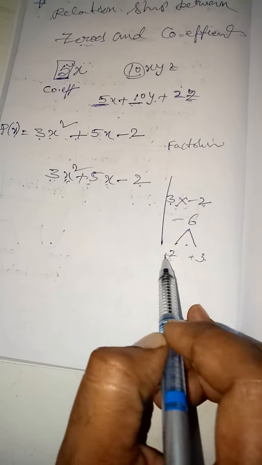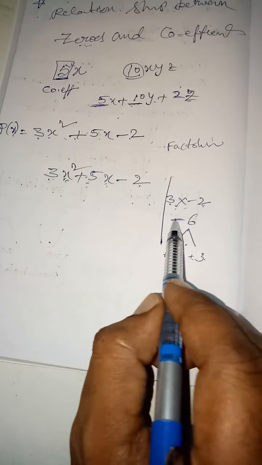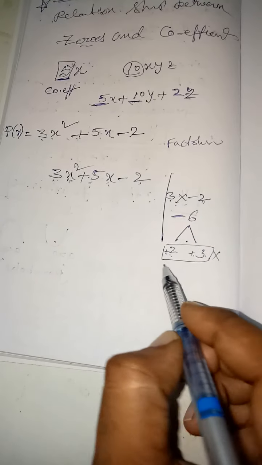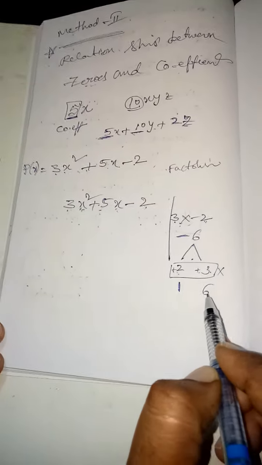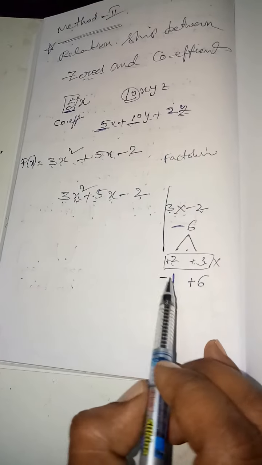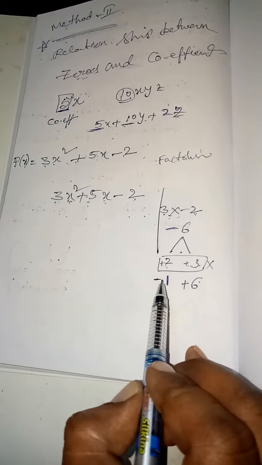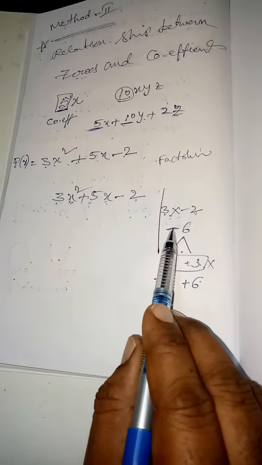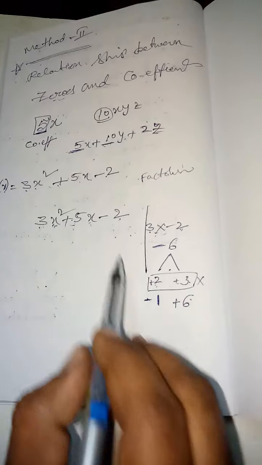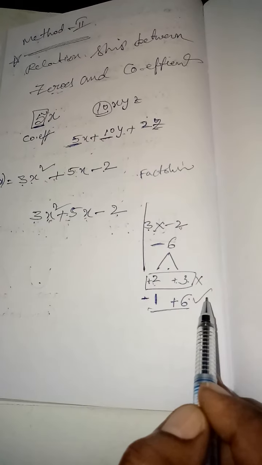But plus into plus gives plus, and we require minus 6. So these two are not suitable factors. So I'm taking 6 ones are 6, plus 6 minus 1. So 6 ones are 6, minus into plus gives minus, and plus 6 minus 1 is plus 5. So these two are suitable factors.